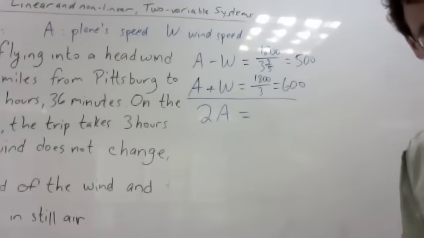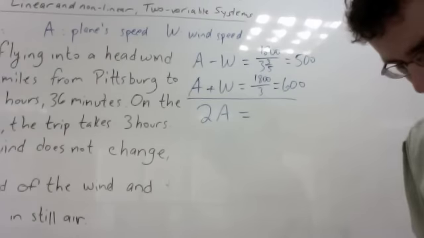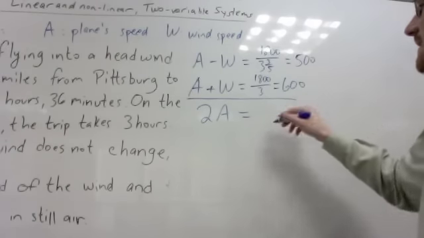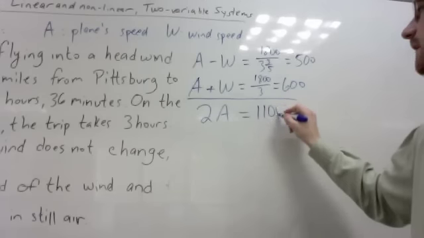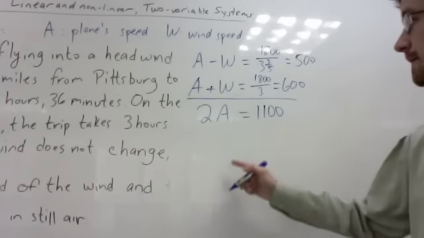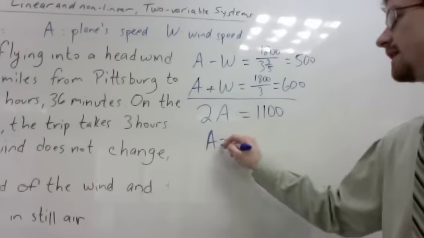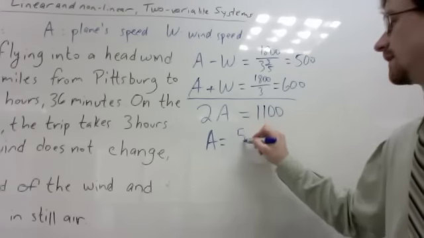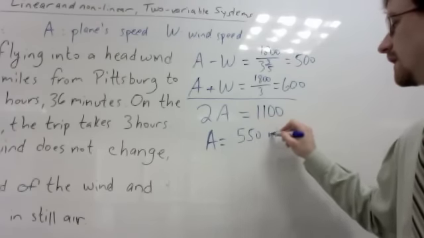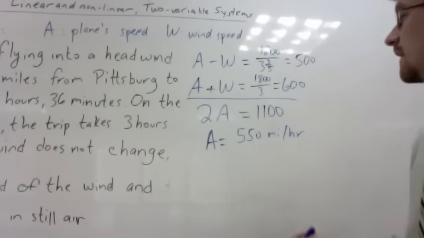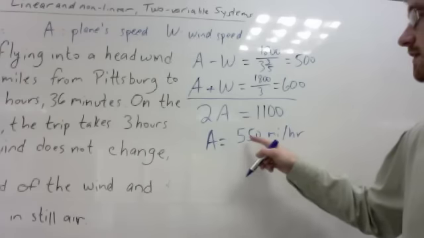Well, that's convenient. So then when we add those two together, we get 1,100, and therefore the speed of the airplane in still air is 550 miles per hour.